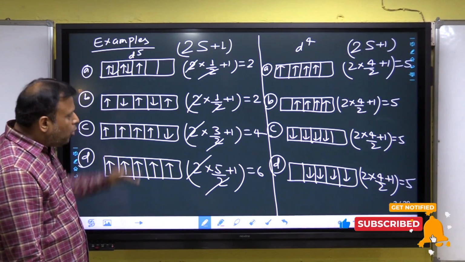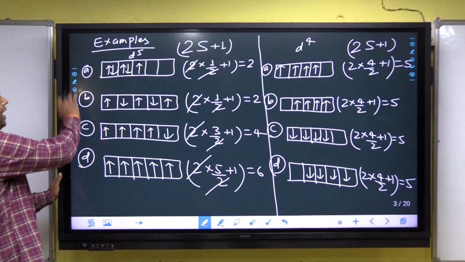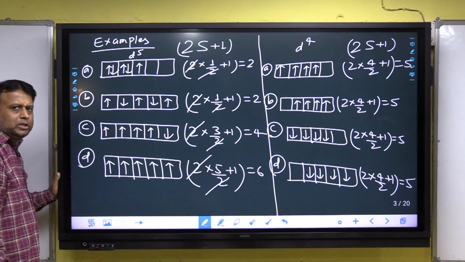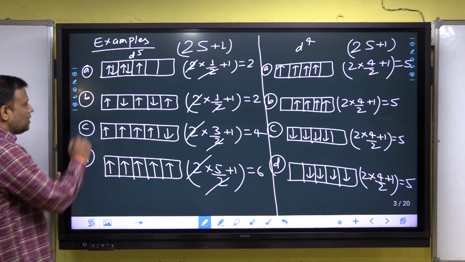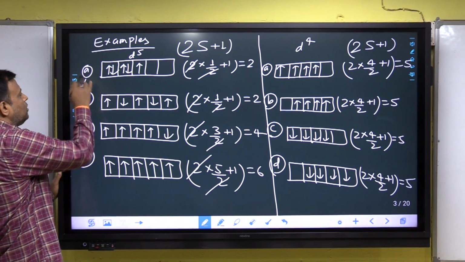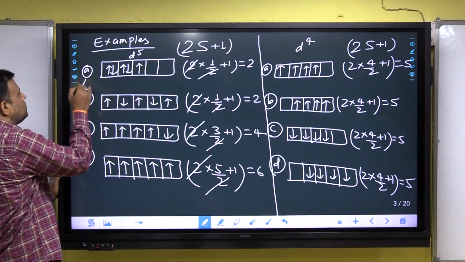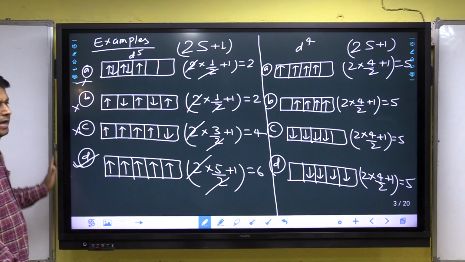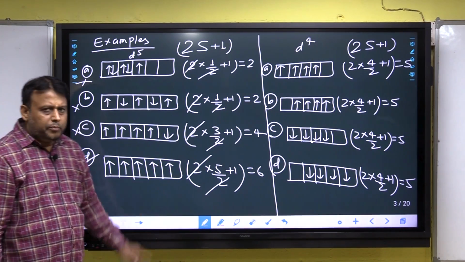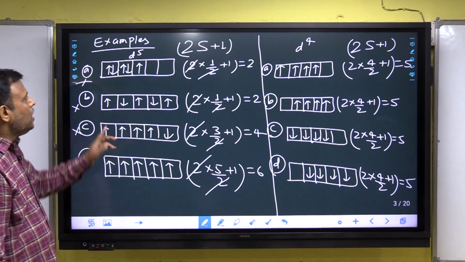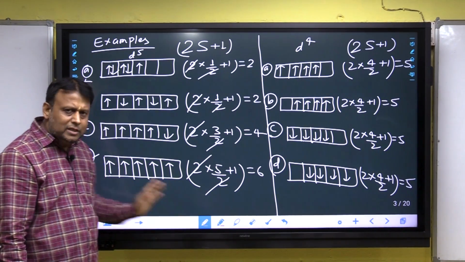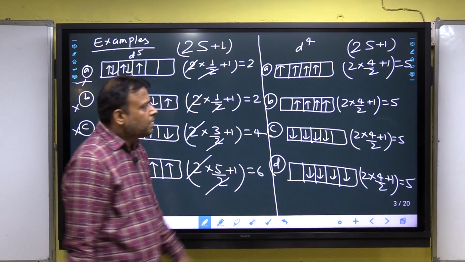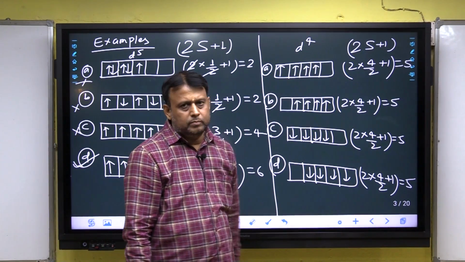Of all 4 options, this is the maximum, and for 5 electrons, spin multiplicity 6 is the highest. And hence options A, B and C are wrong, and only option D is correct according to Hund's rule, because in this way the spin multiplicity is maximum.